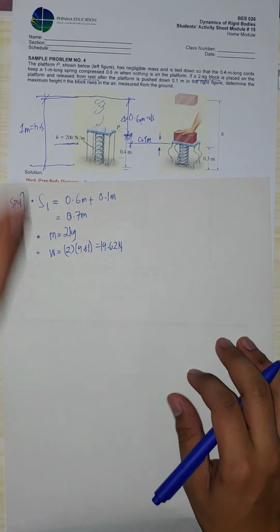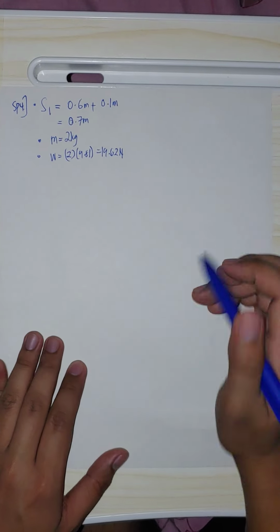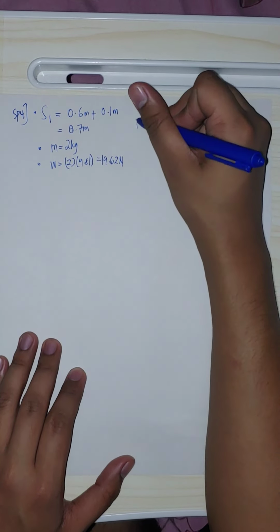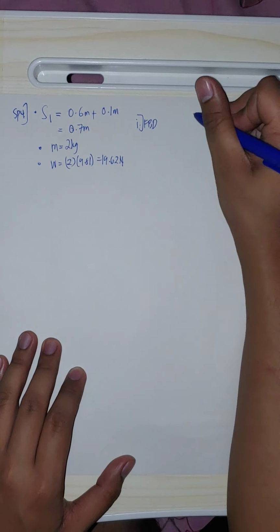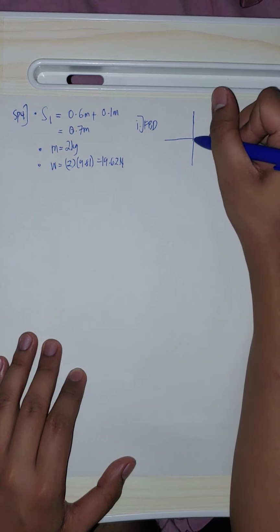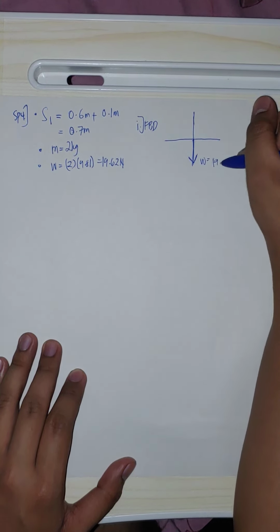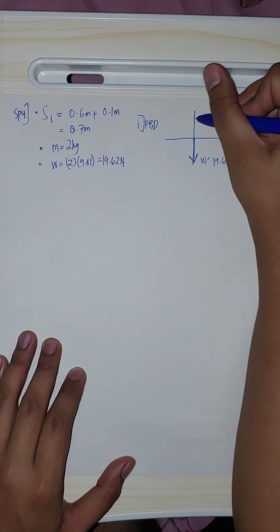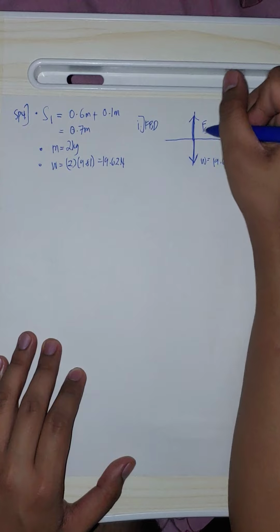Next, always draw an FBD. If you draw an FBD, only two forces act here: the weight of the block, equal to 19.62 newtons, and the force due to the spring, F sub S.